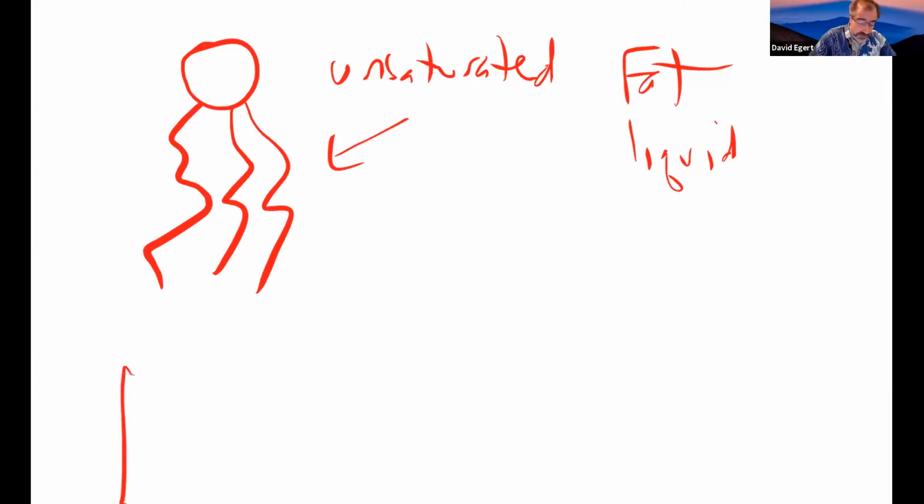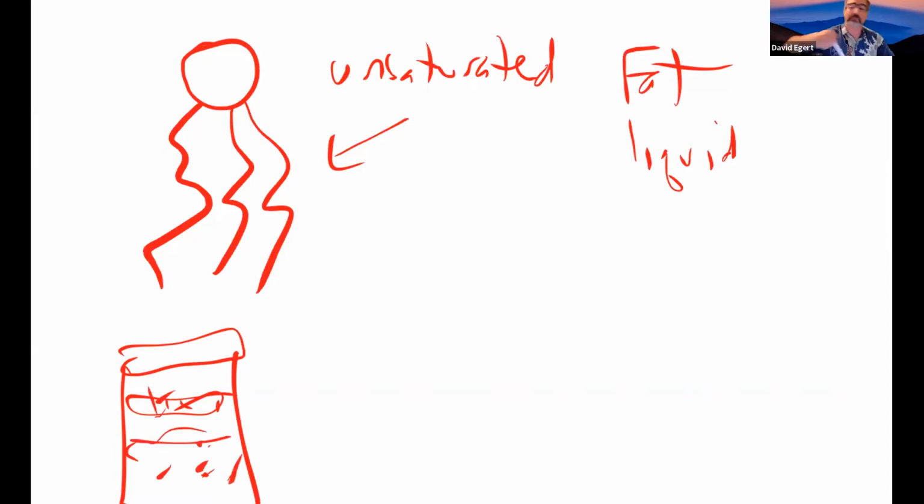If you've ever had totally natural peanut butter, the oil and the peanuts separate, and you gotta try to mix it up, and it's a pain in the butt. And then instead you can buy Skippy or Jif, and it just stays creamy. The fats just stay solid and creamy, and you don't ever have to mix them up. It never separates. How do they do this magic? It's through the magic of hydrogenation.